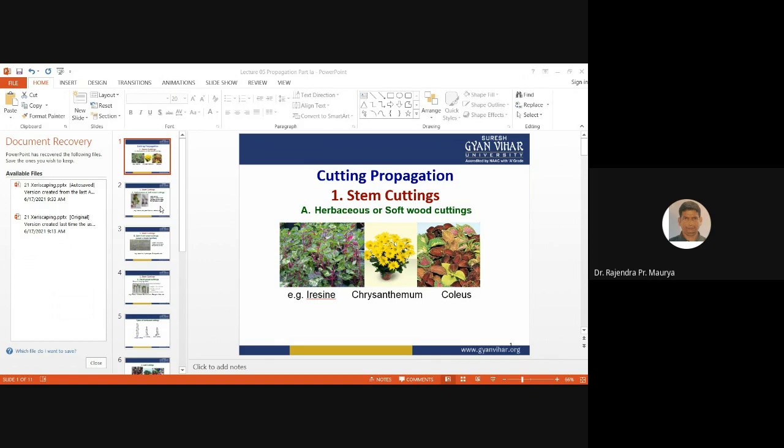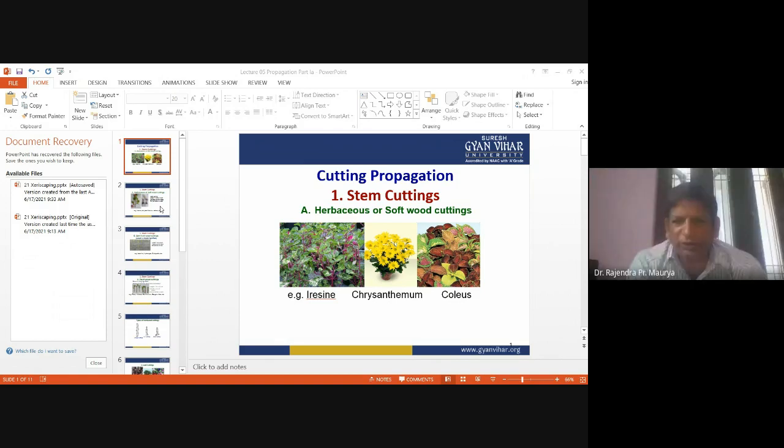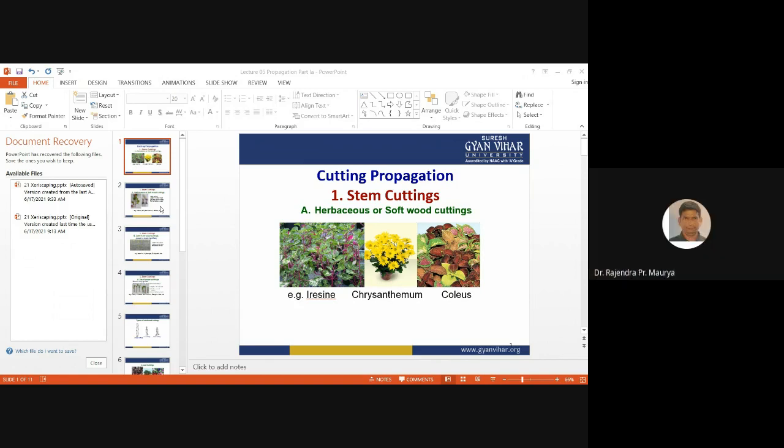The reason is two important reasons here. Number one, due to the large size of leaves, the cutting will be heavy and very difficult to stabilize in the bed. Second, if the leaf area is large, then the transpiration rate will be high. Then you can ask me, why do we keep part of the leaf?